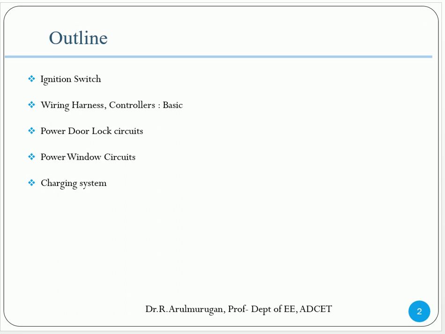If I look at an ignition switch, where are you using it? In automobiles, vehicles, two-wheelers, advanced two-wheelers, four-wheelers. You use the ignition switch for that. Next, the power door.